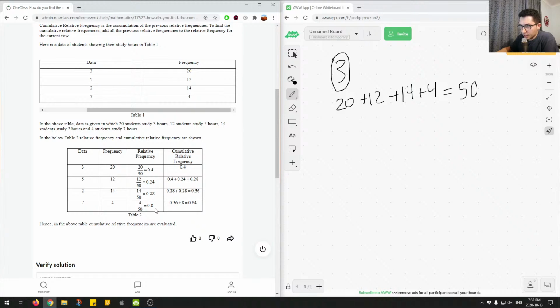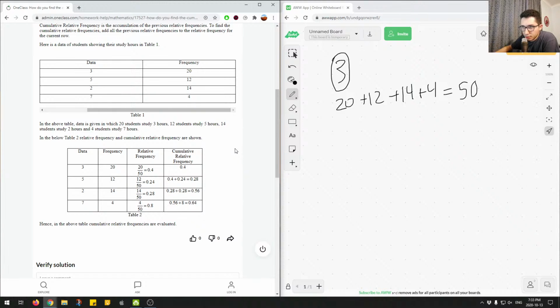And then lastly, a similar idea, it will be just adding all of these up and you get 0.64. Or you can add 0.56 plus 0.8. So this should be 0.8 actually. And then this is kind of the example that it shows you. So essentially for any data set, this is the process that you do.